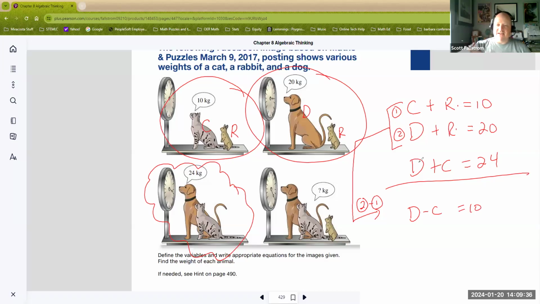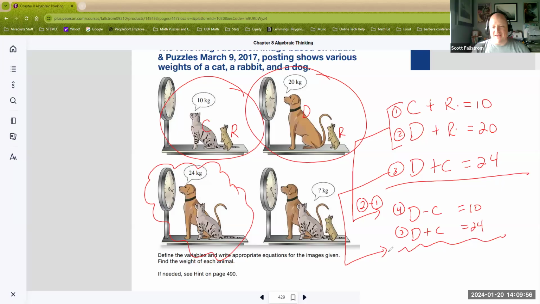This is one of those techniques known as elimination. I get rid of one of my variables. Then I take equation 3, and I guess this would make equation 4. So now I have equation 3 coming in, and take a look at what I have here: D plus C equals 24. Now that's very interesting because I could once again eliminate by adding. Let me change color here.